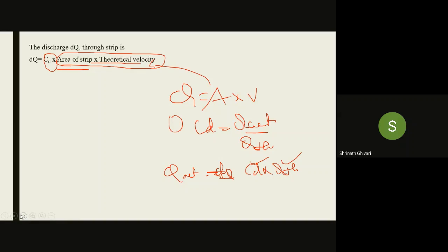Don't get confused with the definition. CD is Q actual by Q theoretical. Now I want the value of Q actual.